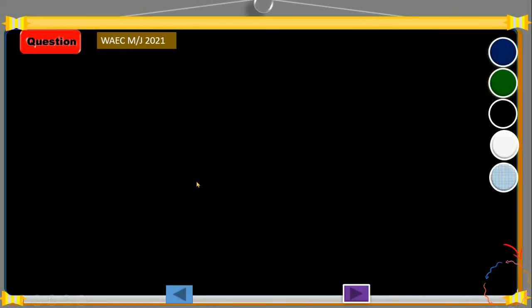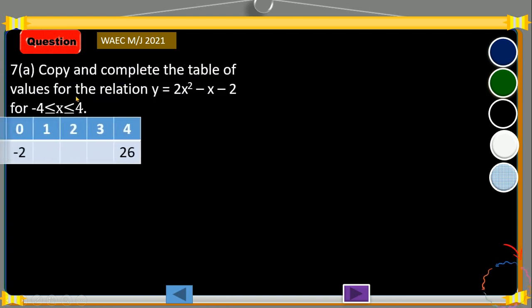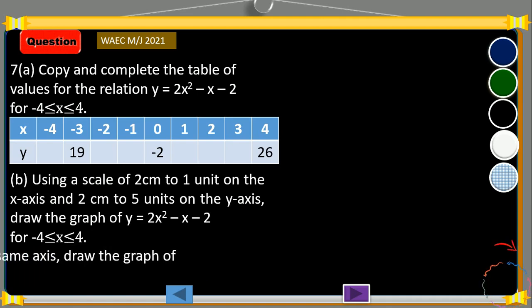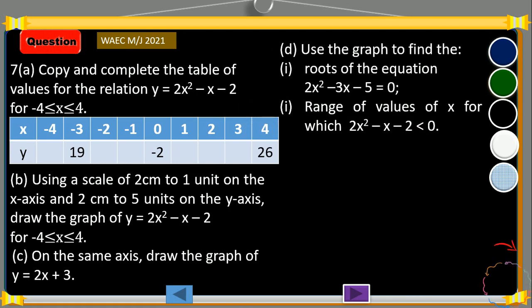In this presentation, we are looking at WAEC May-June 2021. Copy and complete the table of values for the relation y is equal to 2x squared minus x minus 2 for x starting from minus 4 to plus 4. Using a scale of 2 cm to 1 unit on the x-axis and 2 cm to 5 units on the y-axis, draw the graph of y is equal to 2x squared minus x minus 2.